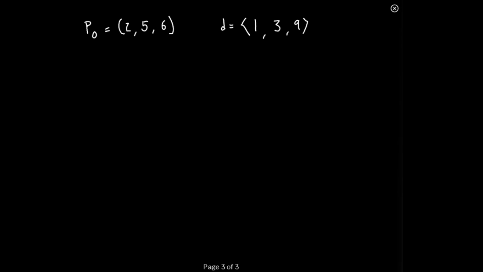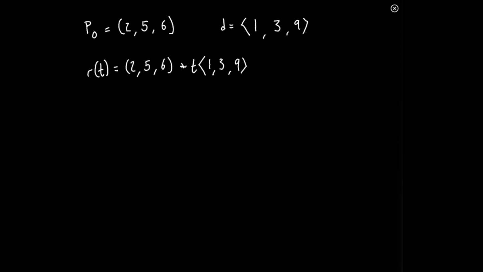Now let's come up with the vector equation. Super simple: r of t equals 2, 5, 6 plus t multiplied by 1, 3, 9.